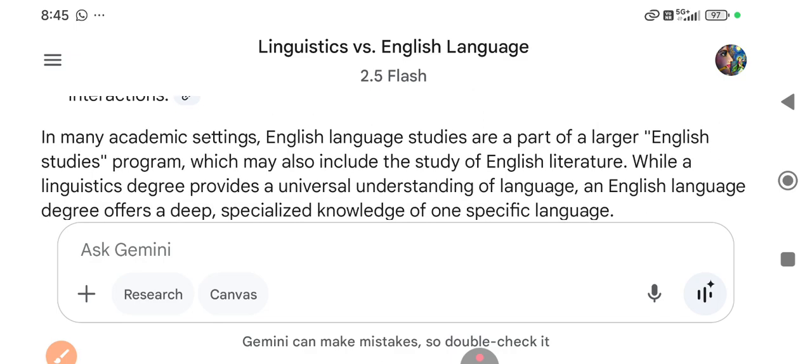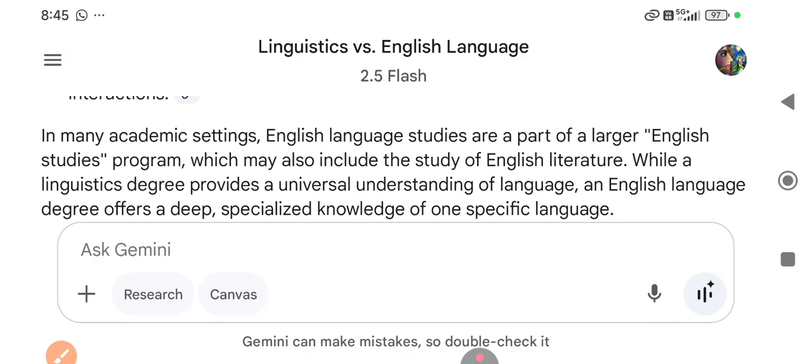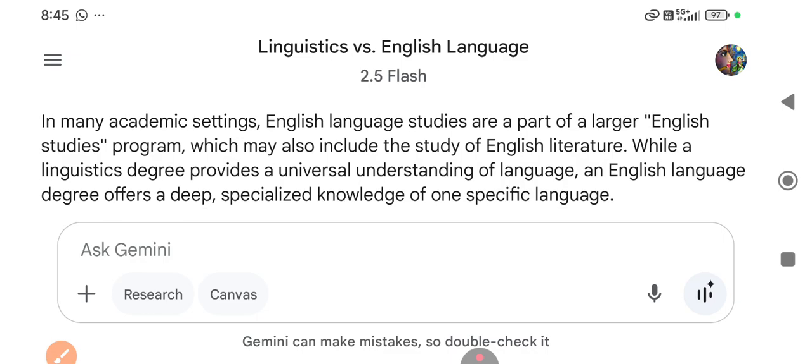Okay, so in many academic settings, English language studies are part of larger English studies. Right now I teach you an English program, which may also include the study of English literature.